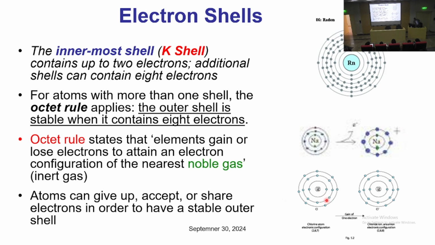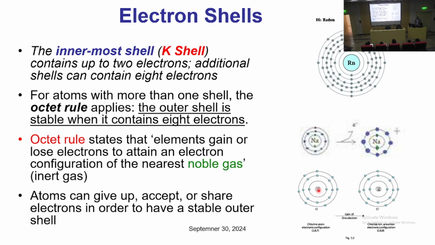Chlorine has atomic number 17. So the first shell has 2, the second 8, and the last shell 7. So what's easier to reach stability: to accept 1 electron or to give away 7? If it accepts 1 electron, it will be stable.